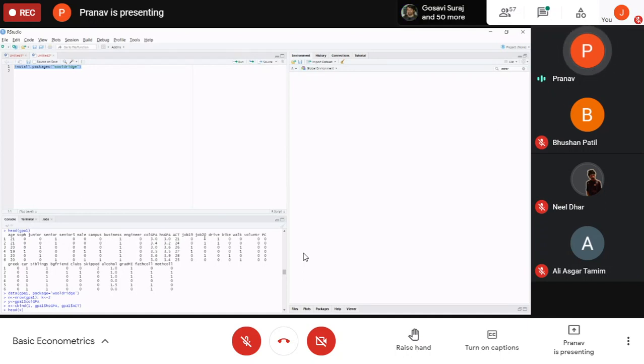I'll tell you the reasoning behind it, because one of the most important statistics, your R square, depends on the assumption of a constant term in the population regression function. You can verify this by looking at the formula of R square, which includes TSS and explained sum of squares; you calculate the explained sum of squares assuming there is an intercept term.